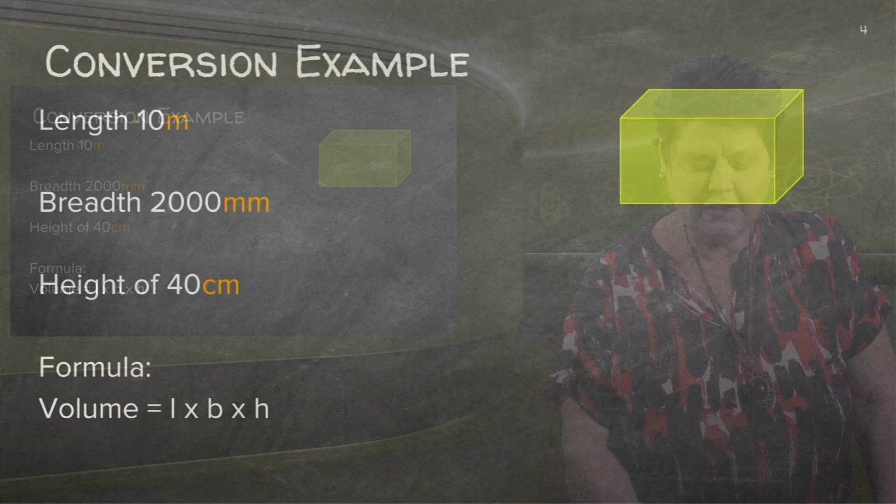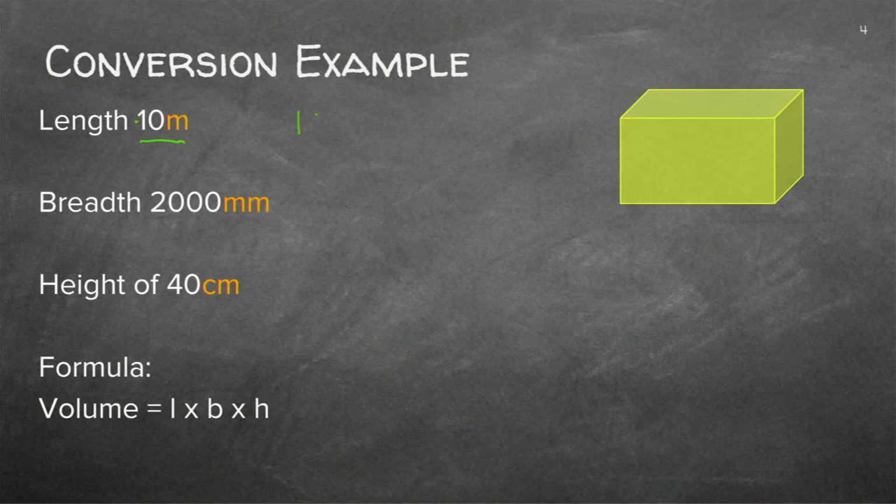So we've got 10 meters already, so we can remain with 10 meters with the length. Secondly, we've got 2,000 millimeters. So if I've got 2,000 millimeters, I've got to put that into meters. So 2,000 divided by 1,000, because that's millimeters. Or you could have said 2,000 times 10 to the power of minus 3.